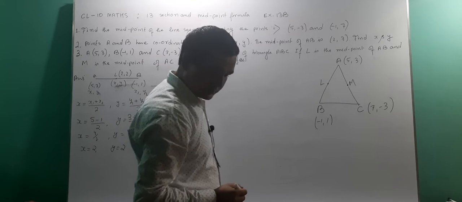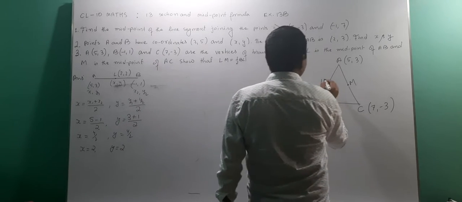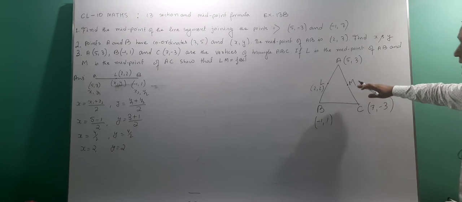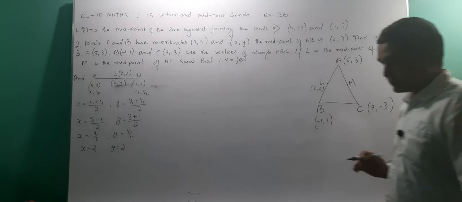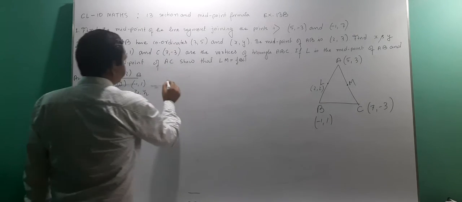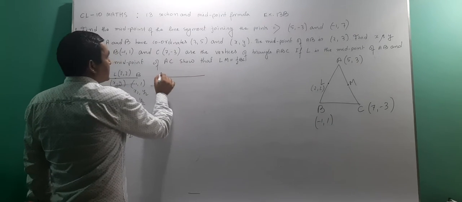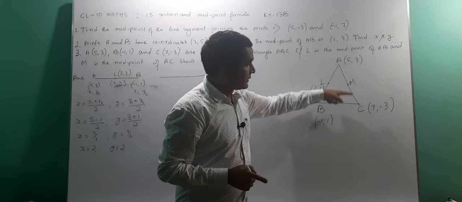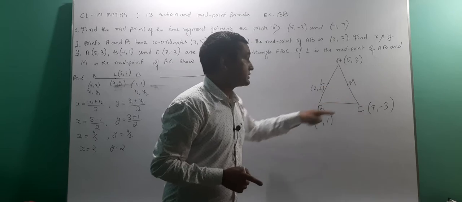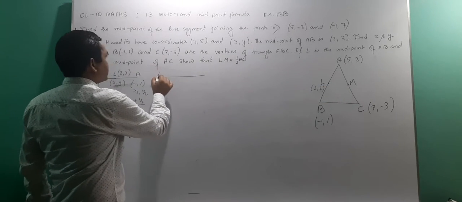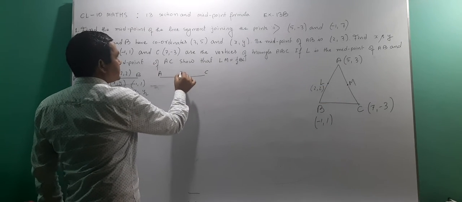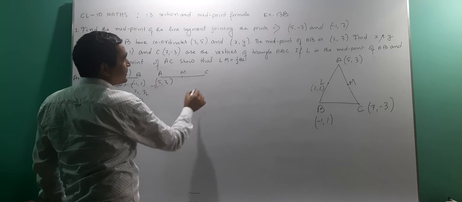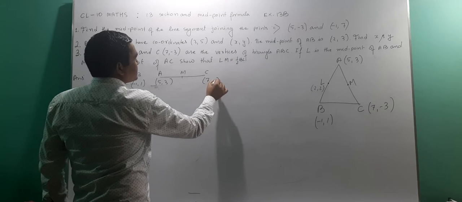The coordinate of L is (2, 2). Similarly, we will get the coordinate of M. The coordinate of M is the midpoint of A and C: A is (5, 3) and C is (7, -3).